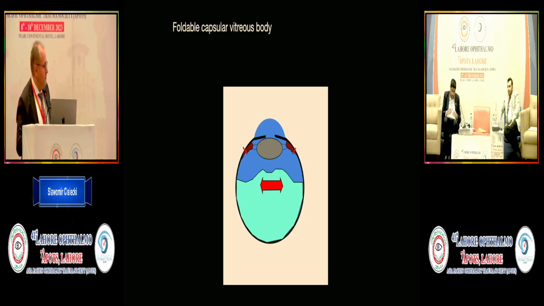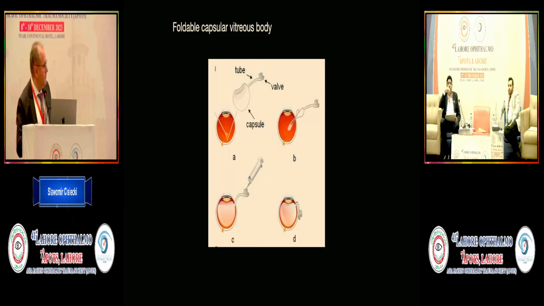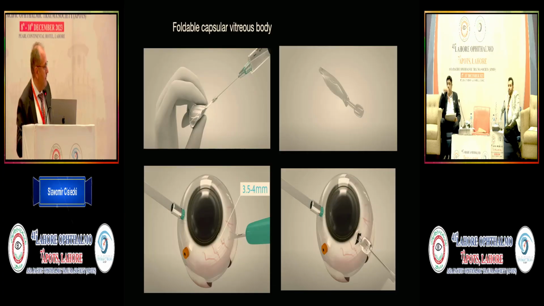So there's a very simple idea to close the silicone oil in, for example, a silicone capsule, just to avoid the migration of silicone oil to the AC. And we have done actually 5 of those cases.